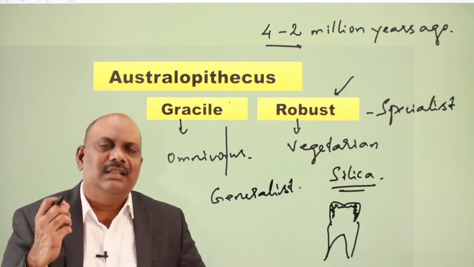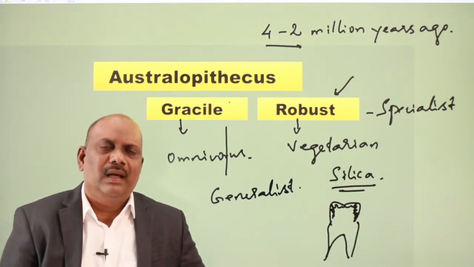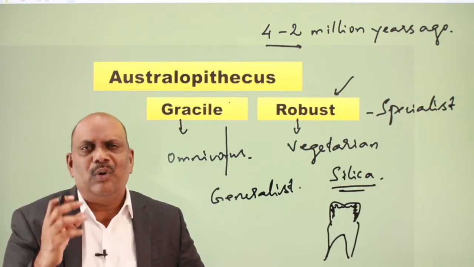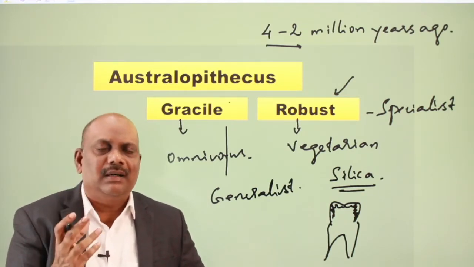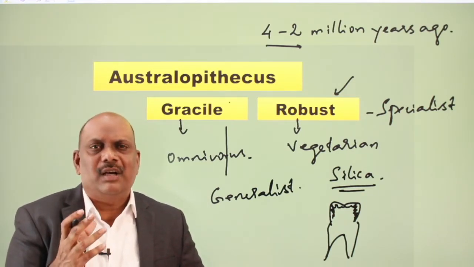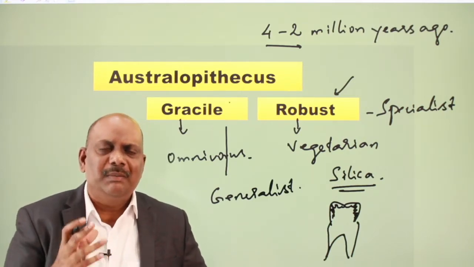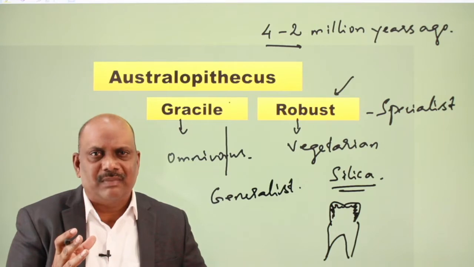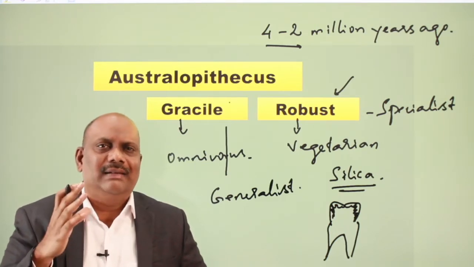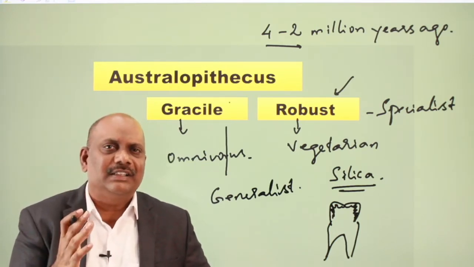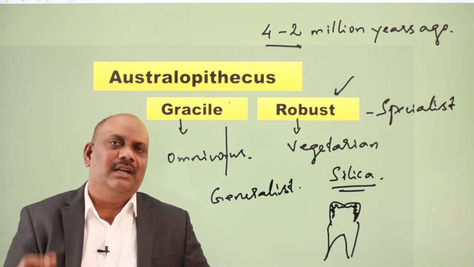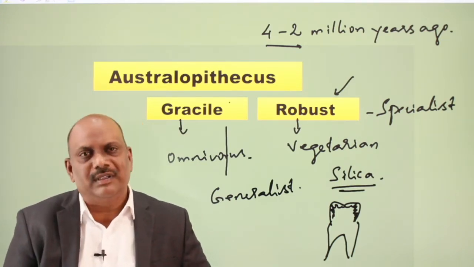At the same time, as a very cold climate started gripping the earth, gracile, because it was short and slender, managed to run very fast. It managed to hide itself in cracks and crevices to protect itself against the very cold weather.